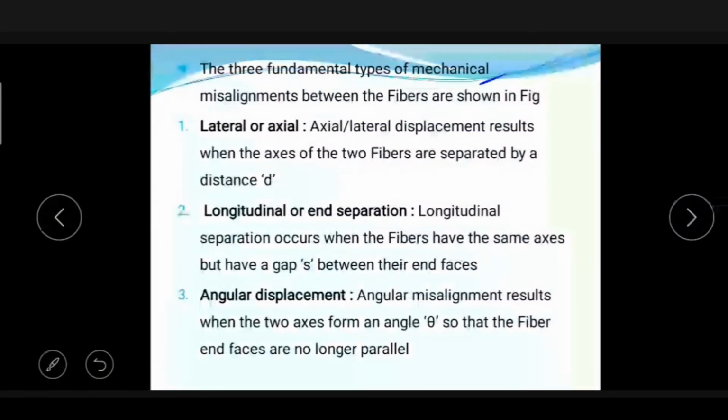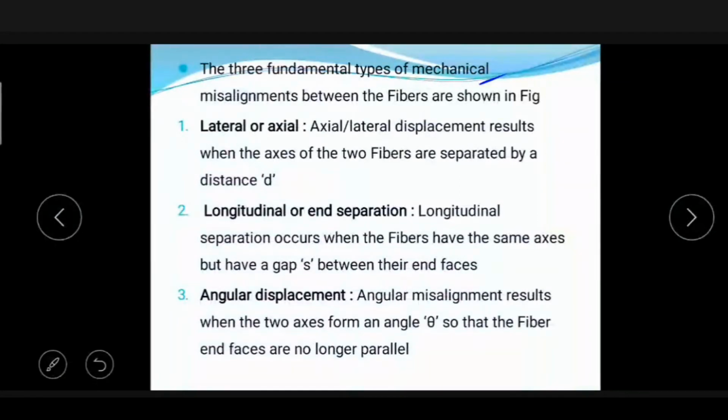You have to explain what mechanical misalignment is, why it exists, what the types of losses due to mechanical misalignment are, and what happens if mechanical misalignment is more. And the three fundamental types are these three, with the diagram. Normally it is for 6 marks, plus the explanation of mechanical misalignment will be another 2 marks. So it ranges from 6 to 8 marks.